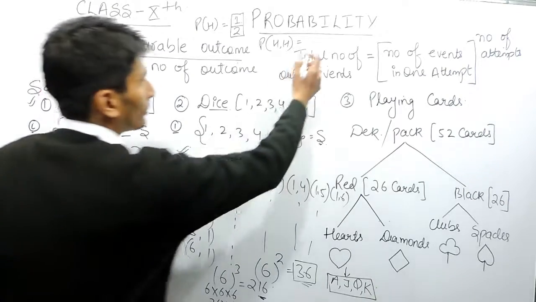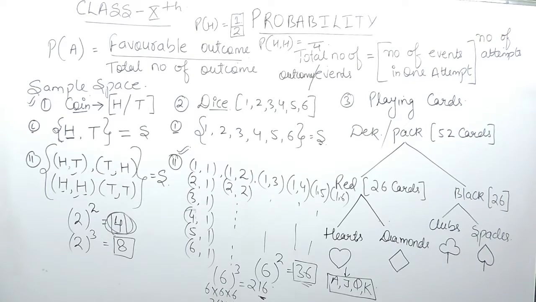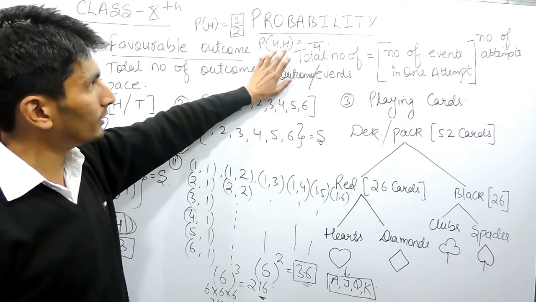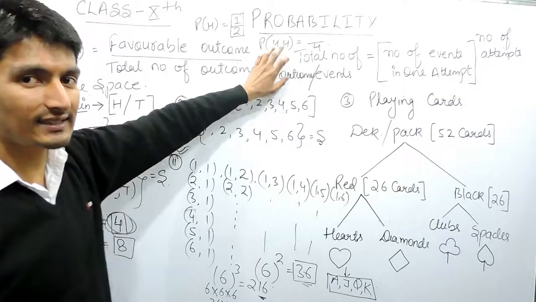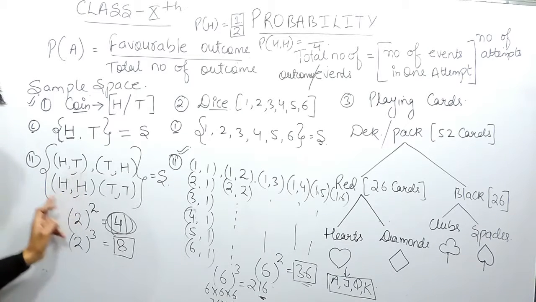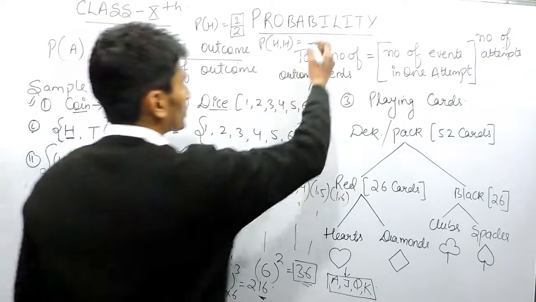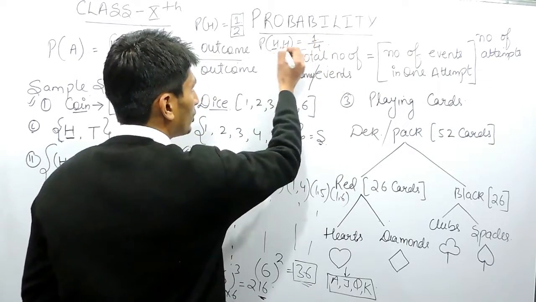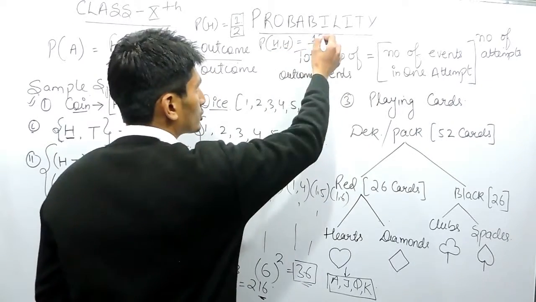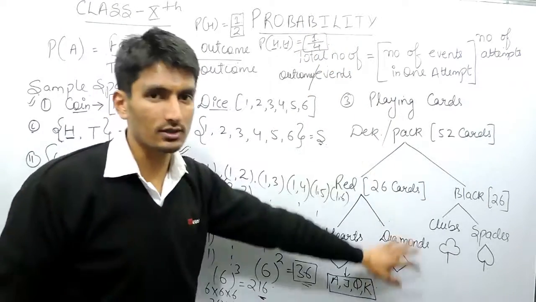So the total number of outcomes will be equal to 4. Now, what are the favorable outcomes here? Because you need to find head in both cases, there is only one case where head will come in both. So there is only one favorable outcome out of 4. So the probability of head coming in both chances will be equal to 1 by 4. And similarly, you can find for these 2 questions.